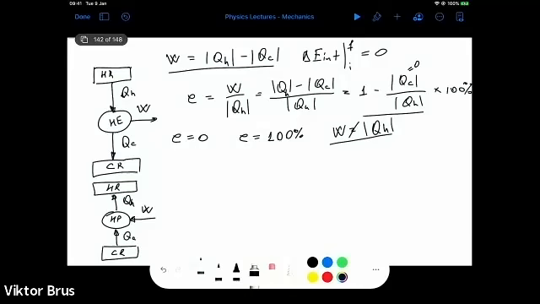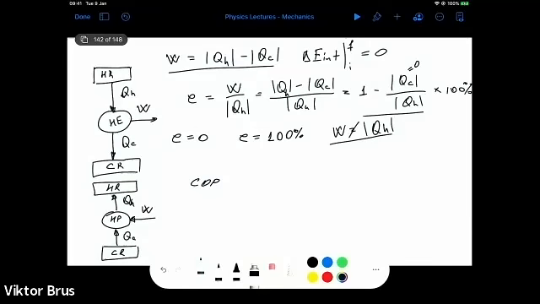So first we need to define the so-called coefficient of performance. We have efficiency to define the performance of a heat engine. In case of a heat pump, we operate with the so-called coefficient of performance. It is COP, and it could be considered for cooling and for heating.